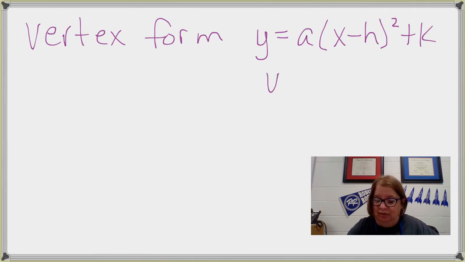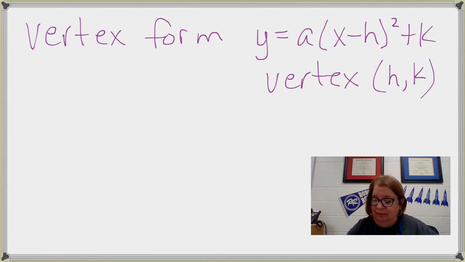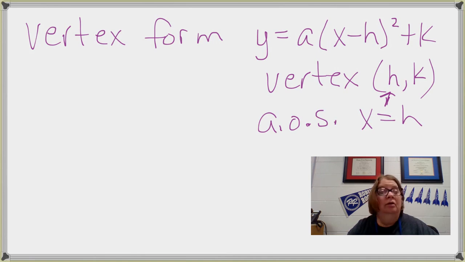And remember that the vertex, and this is in that chart on that other paper that you have, vertex is (h, k). The axis of symmetry is x equals h. So it's the same. Whatever that number is right there, that's going to be your axis of symmetry. Okay?